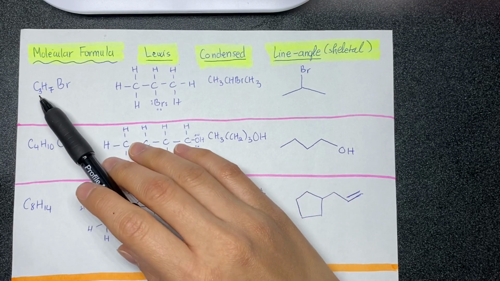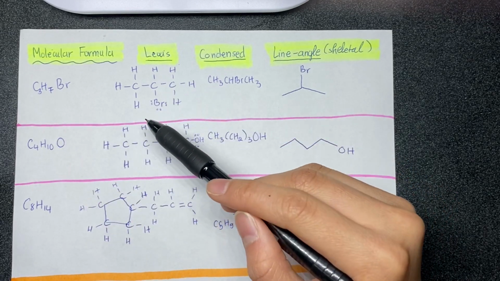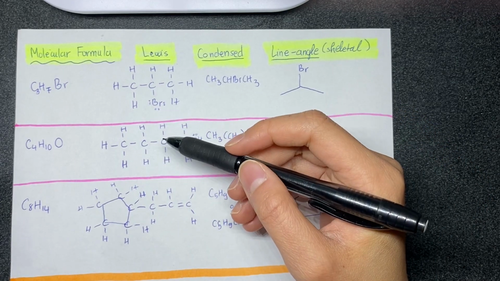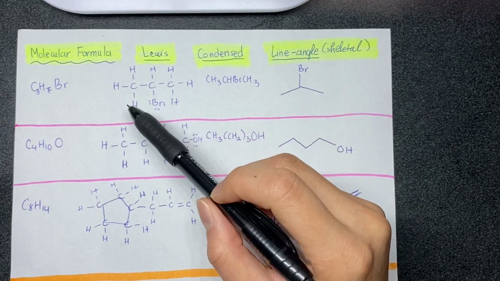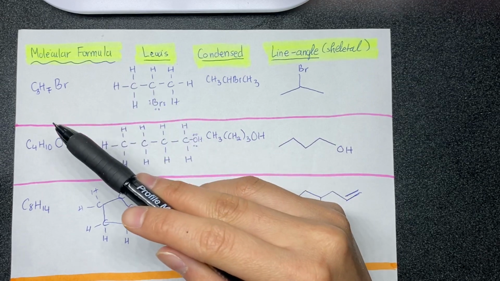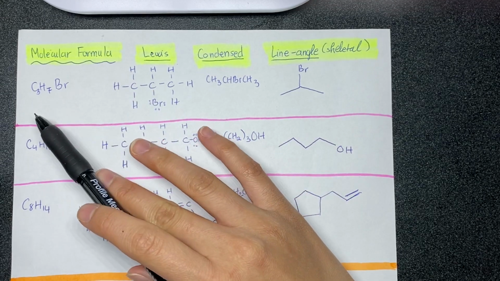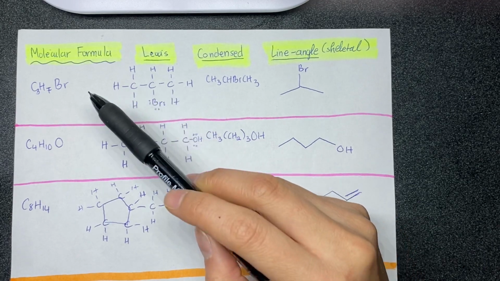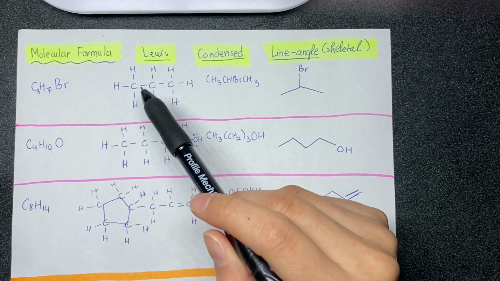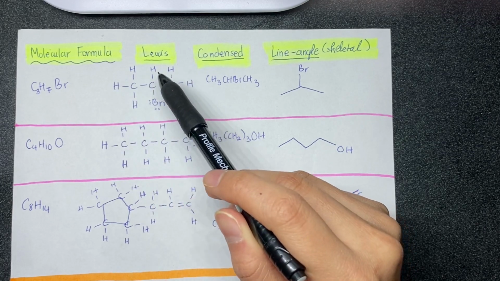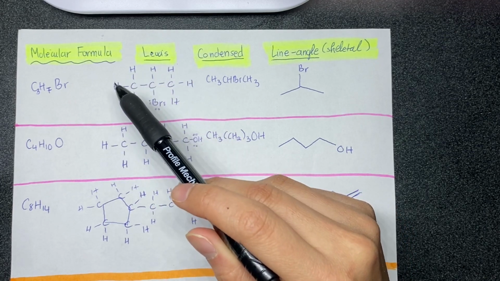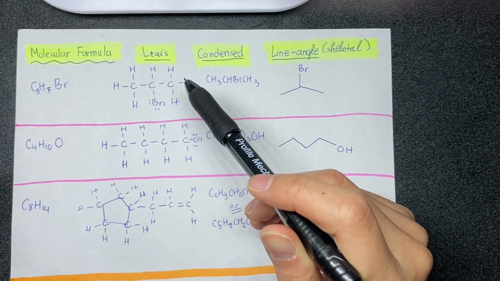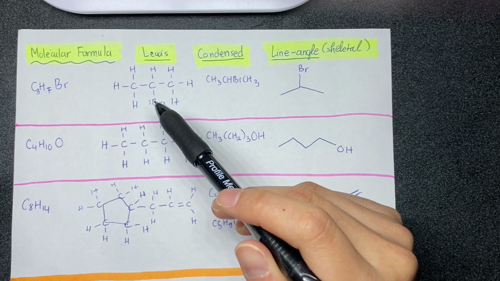So if you see C3, you would have to double check with your Lewis structure, if you're asked to draw one, to make sure that you also have the same amount of carbons as the one in your molecular formula. So here, C3, we're going to have 1, 2, 3. And then we're going to move on to H7. So as a whole, we have 1, 2, 3, 4, 5, 6, 7 hydrogens here and 1 Br.